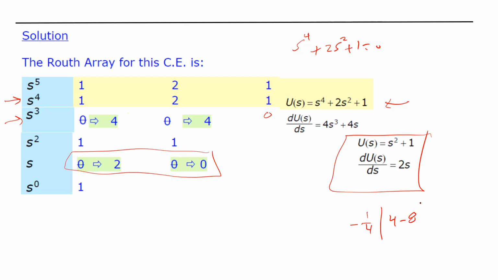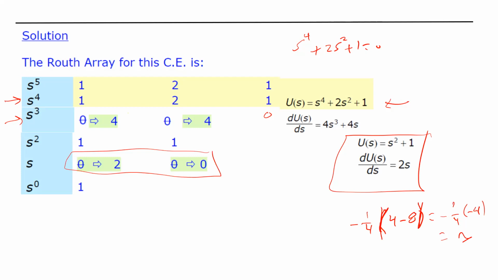Which is equal to? This is a determinant, not an absolute value. Okay, put it in this way, no confusion. So it's going to be 1 over 4 times minus 4, which is equal to 1. The same for the ones after it.